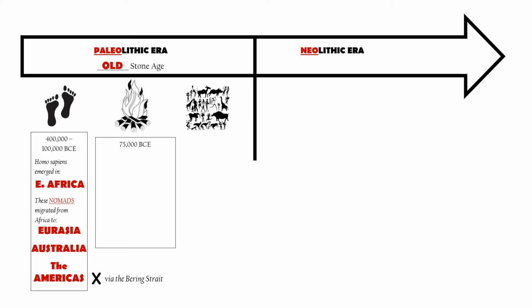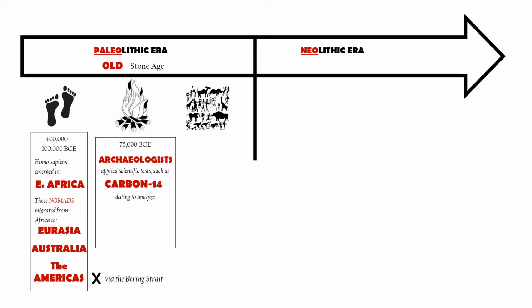By about 75,000 BCE, archaeologists began applying scientific tests such as carbon-14 dating. Carbon-14 dating was a method used to figure out an approximate date of artifacts or fossils in the past.